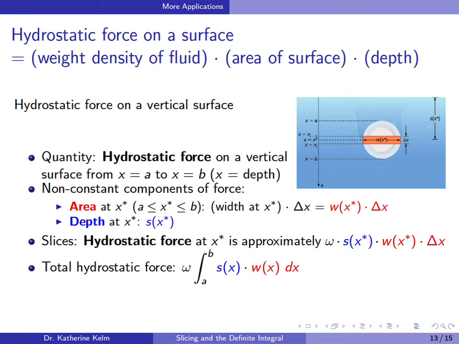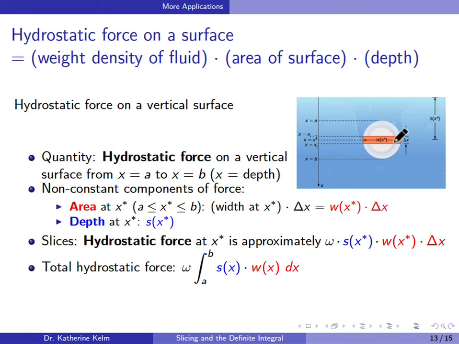Everything is constant as long as the surface is horizontal in the fluid, because it is then of uniform depth. But if the surface is positioned vertically in the fluid, then the depth will vary. So we can slice to get the hydrostatic force on a slice of the surface and then integrate.